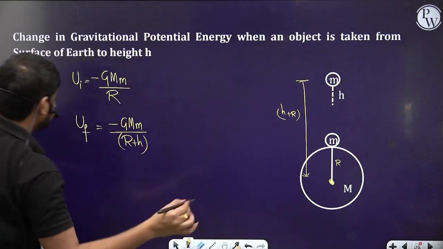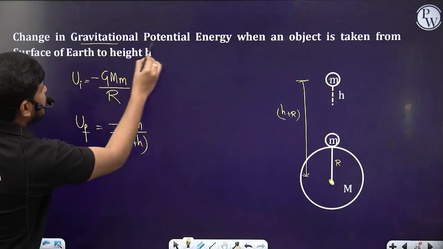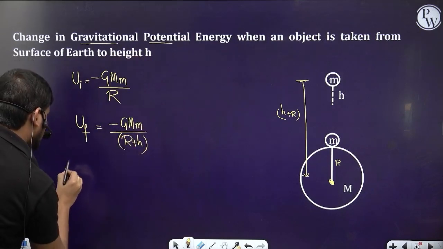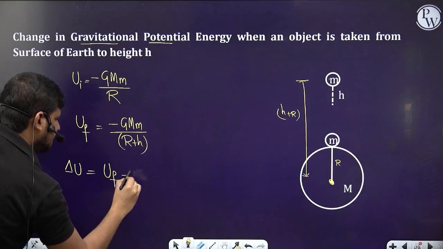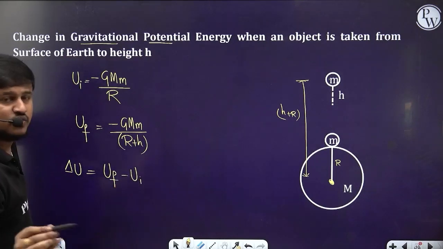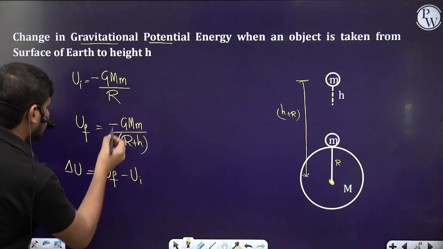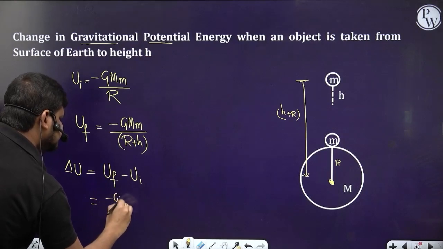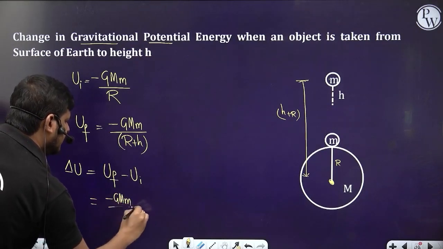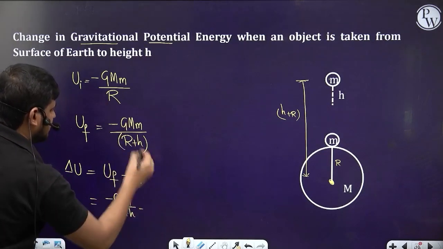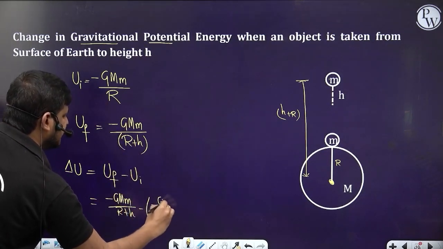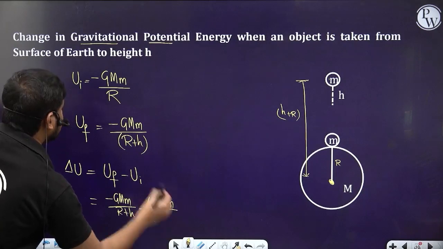Okay, so we need the change in gravitational potential energy. What is the change in gravitational potential energy? U final minus U initial. So U final is minus GMm by r plus h, minus U initial, so minus of GMm by r.